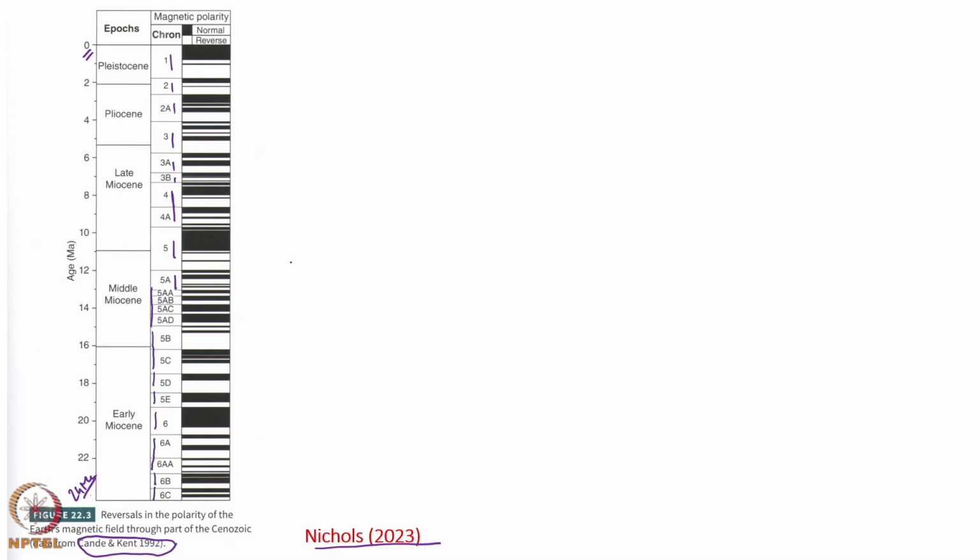We note that 5a and 5aa represent different parts of the magnetic polarity time scale.